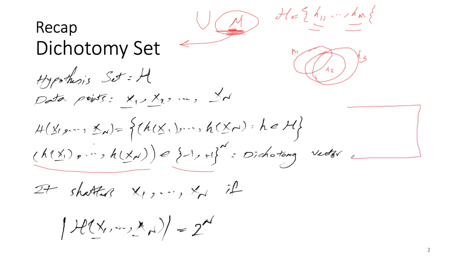Suppose you have several points here, like in this case we have 3 points, x1, x2, and x3, right? And each of these is accepting 2 values.